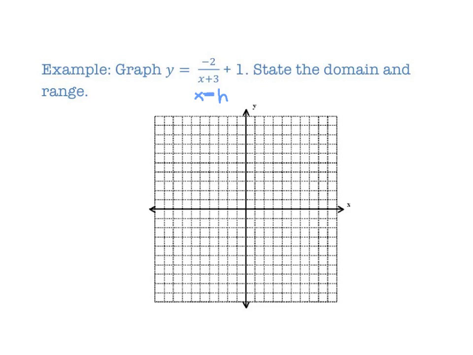And that means that I have an asymptote at x equals negative 3. So I'm going to draw that in. And then I have another asymptote at y equals 1. So I will draw that in.